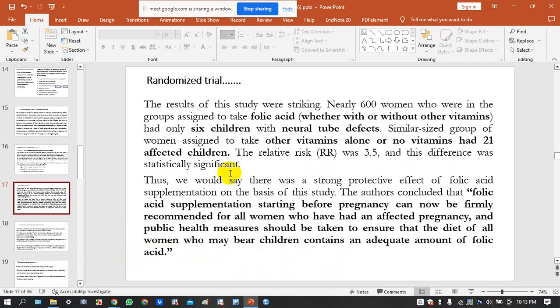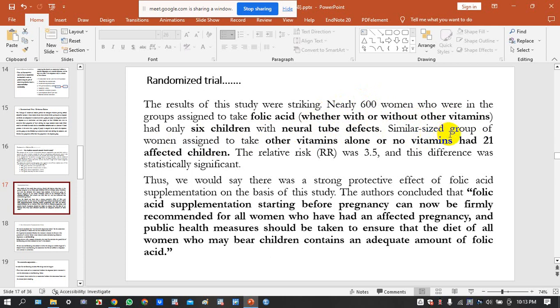They realized that out of nearly 600 women who were in the groups assigned to take folic acid, whether with or without other vitamins, they only had 6 children with neural tube defect. So out of all these 600, only 6 children had a defect among women who took folic acid or folic acid plus other vitamins.